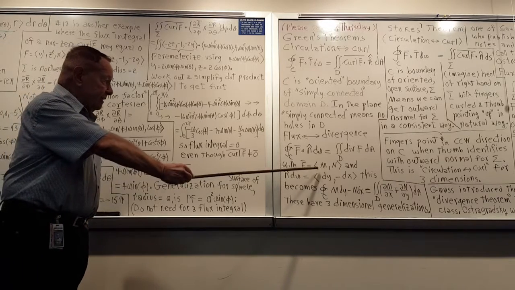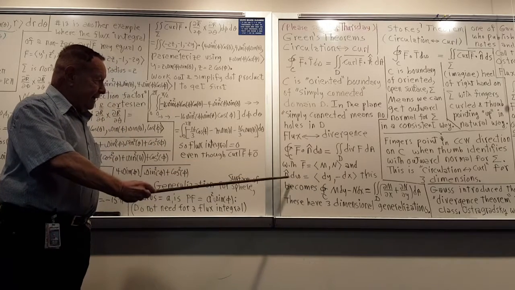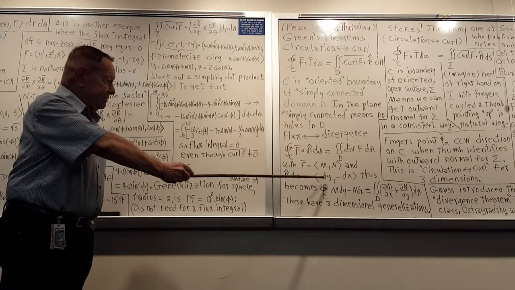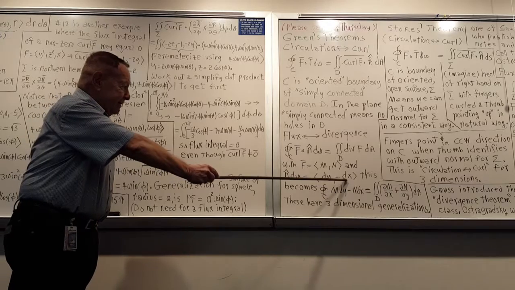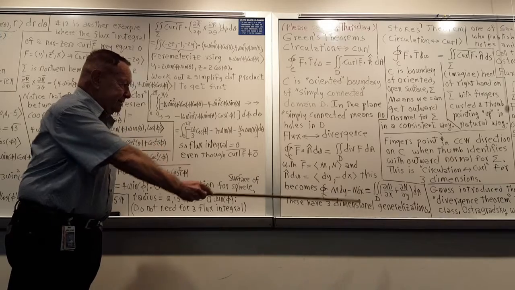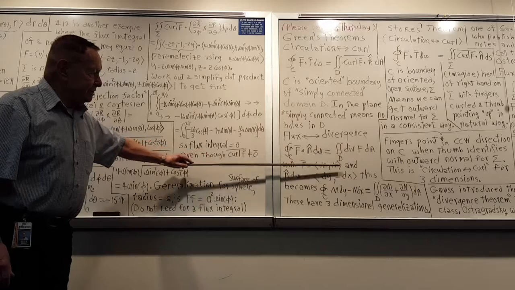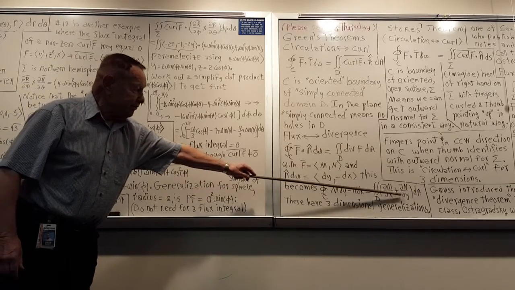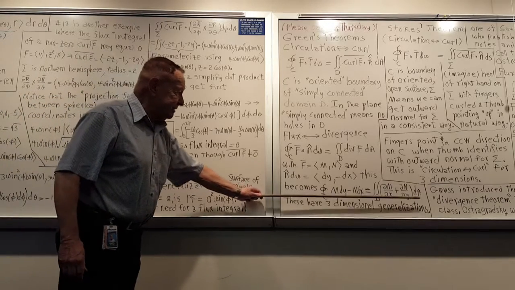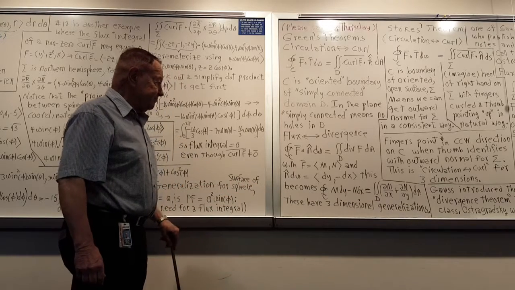So if your field has components M and N, and your outward normal ds has the form dy minus dx, then this dot product is M dy minus N dx. And the corresponding divergence of this is the sum of partial derivatives. And the scalar form of this then, as it appears in 16.4, looks like this.